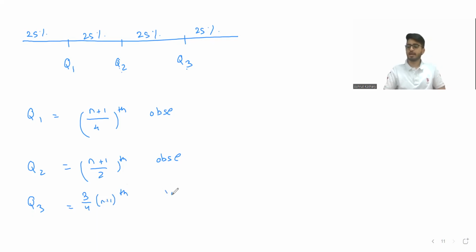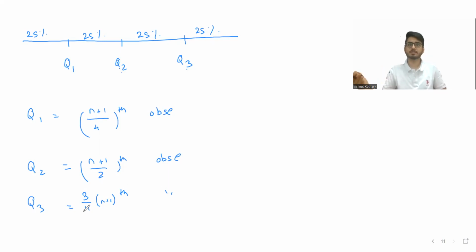So if you look, n plus 1 is fixed in the numerator, 4 is fixed in the denominator. Now we have a 1 over here. Here we have a 2, and 2 by 4 is nothing but half. And here what we have is a 3 by 4.